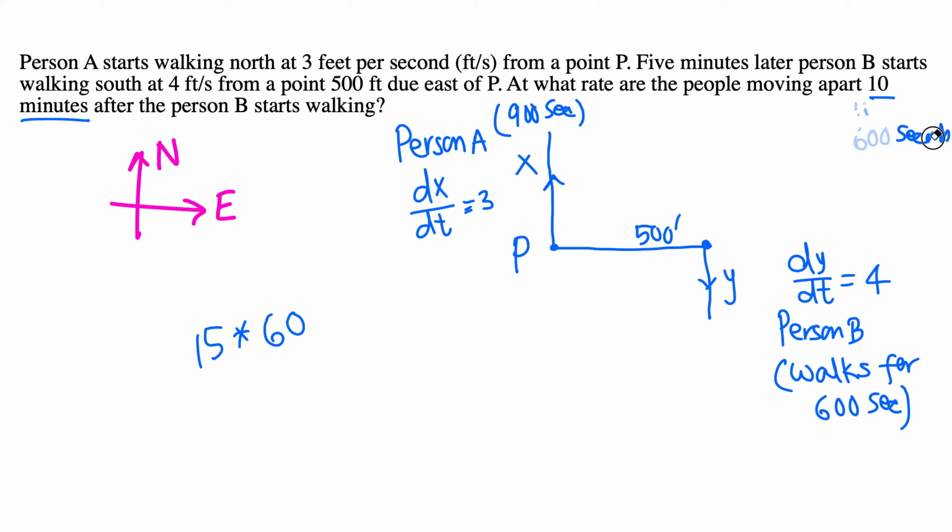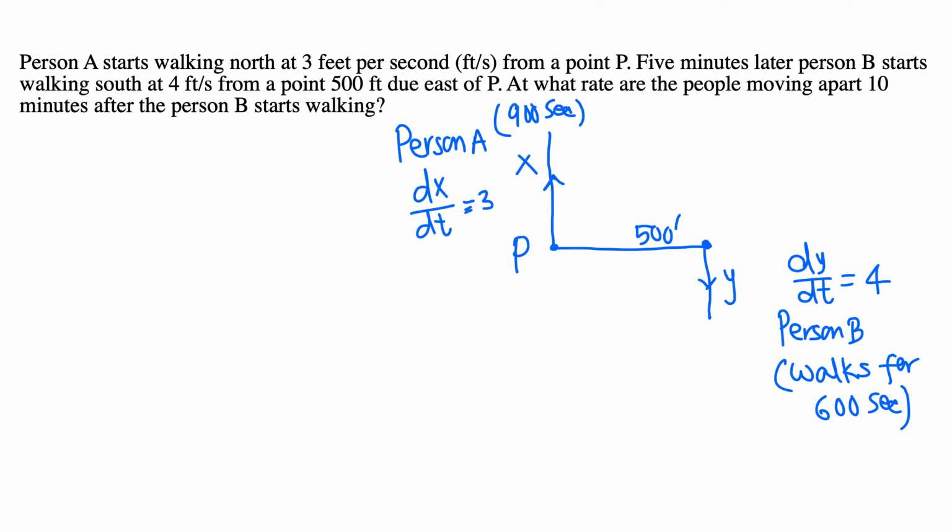Okay, that's the case. We don't need this anymore. Now we need to determine how far this person is in 900 seconds. At the same time we need to determine how far this person is after 600 seconds. Okay, let's figure that out.